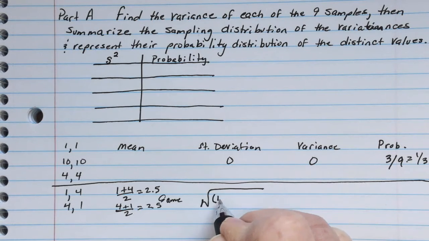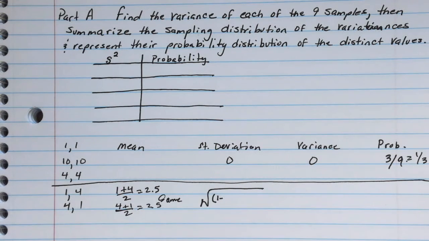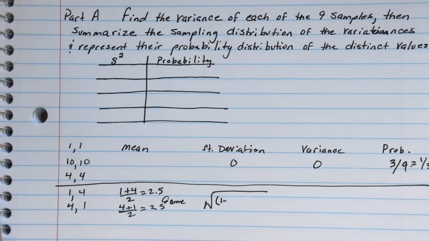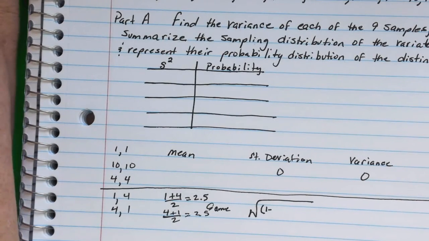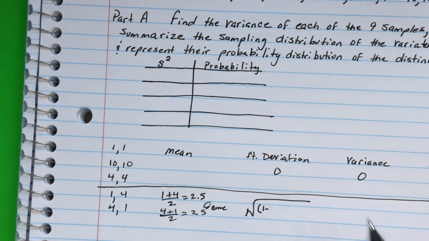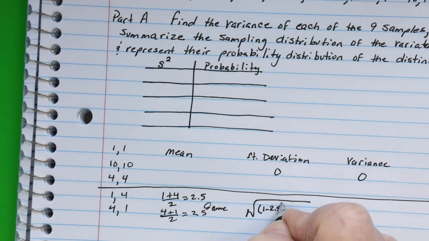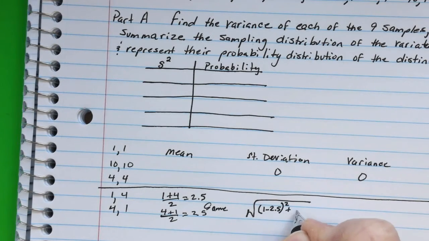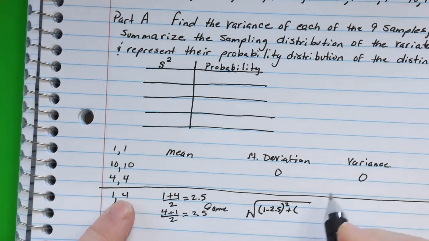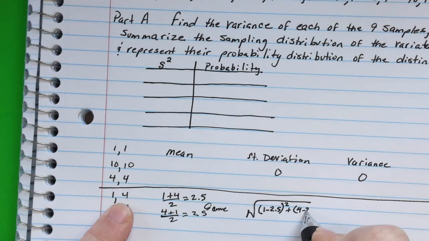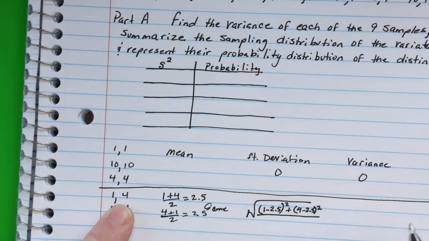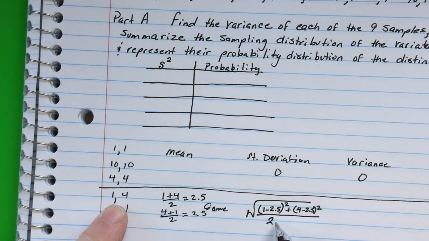So 1 minus 2.5 squared plus, taking the second element, 4 minus 2.5 squared, divided by the sample size, which is 2 minus 1.